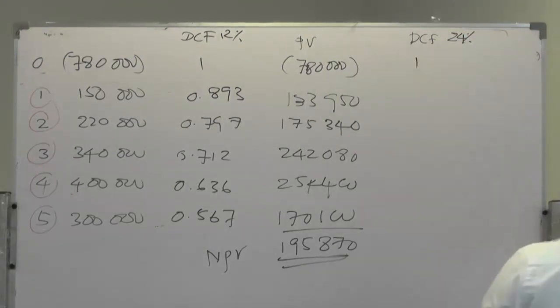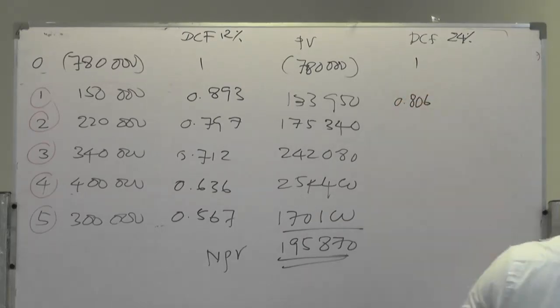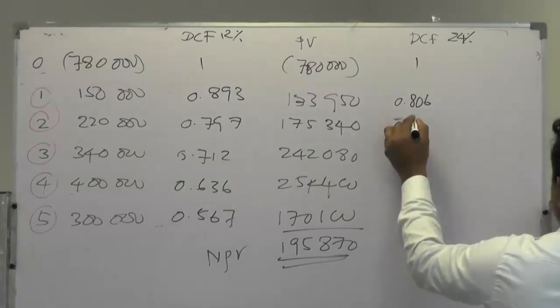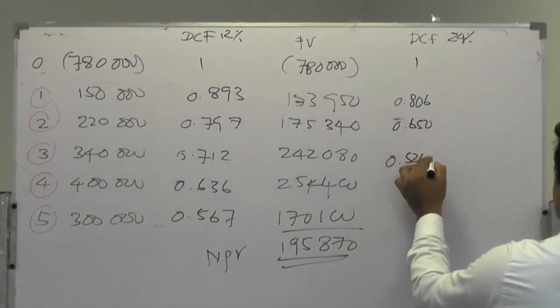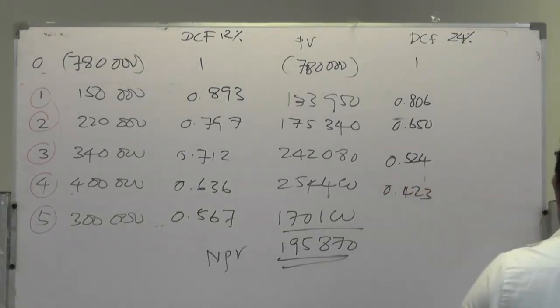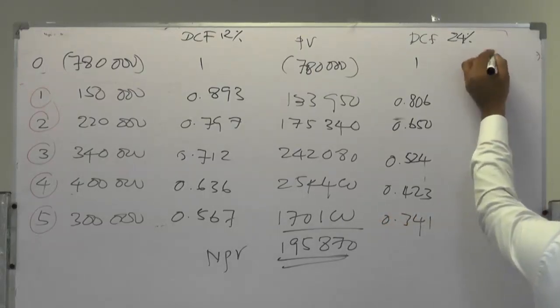Then the discounting factor for year 0 is 1, then 1 divided by 1.24, 0.806, 0.650, 0.524, 0.423 and 0.341.